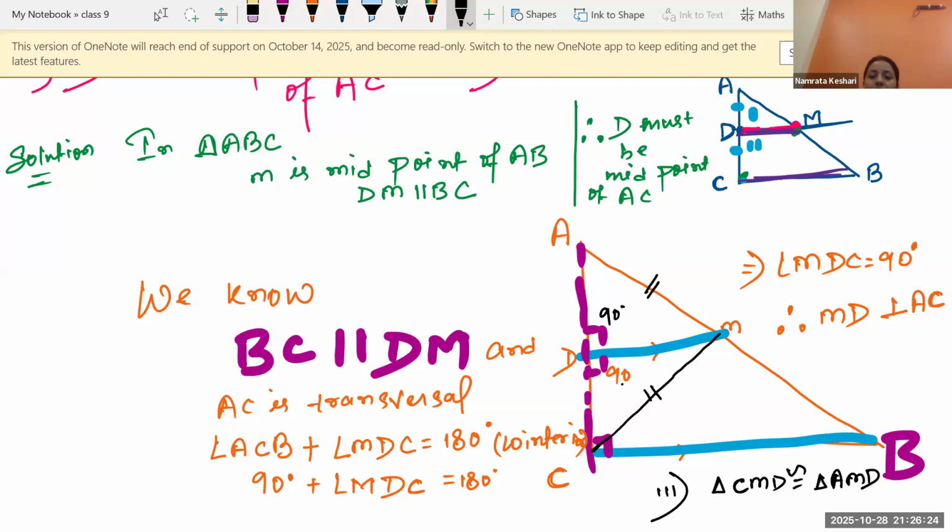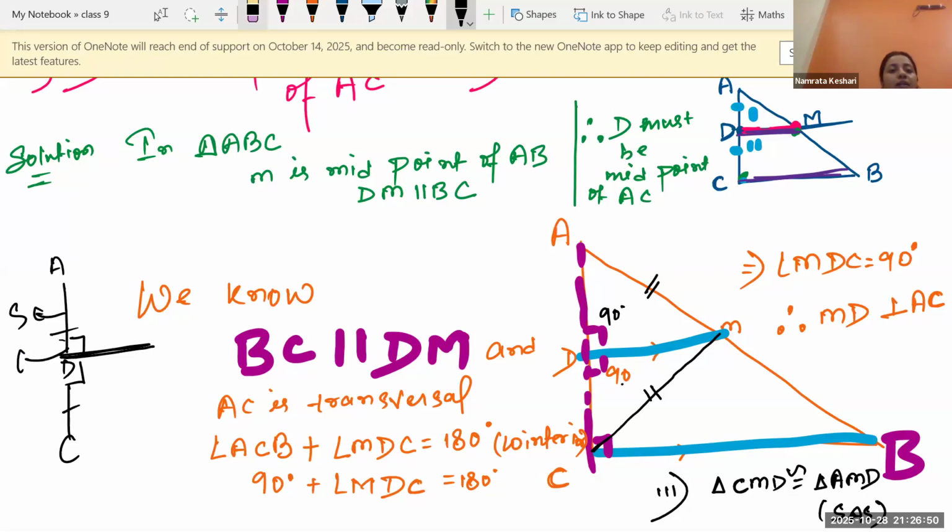Let me check the criteria by which these two will be congruent. This common side we are using, AD and CD are equal, that we are using, which we have proven in the first part. Common side we are using, and 90 here, 90 there we are using. So that means side, angle, SAS. This part I am leaving for you.